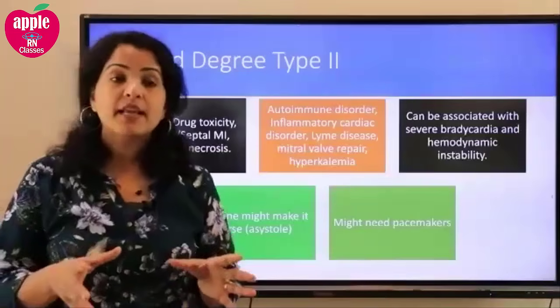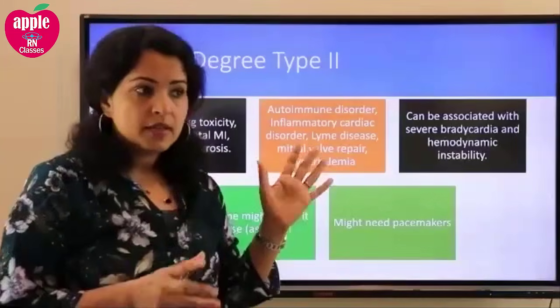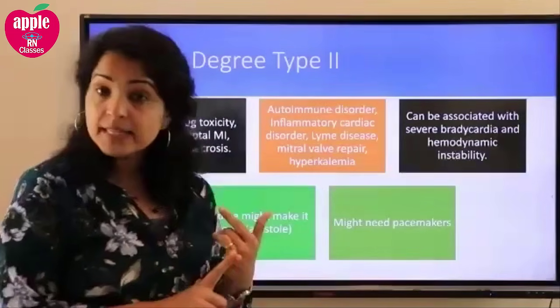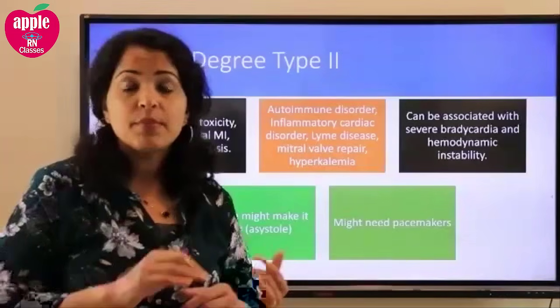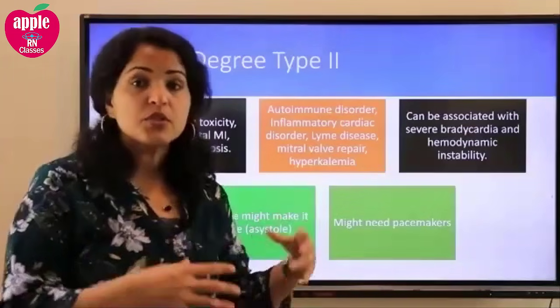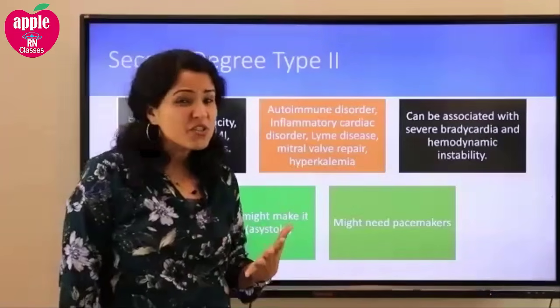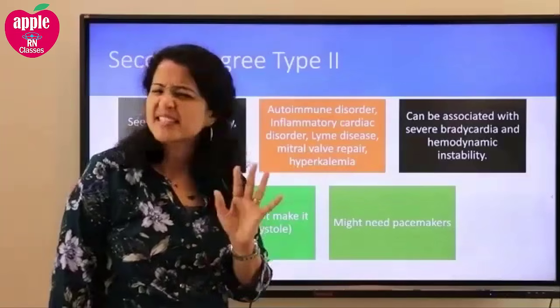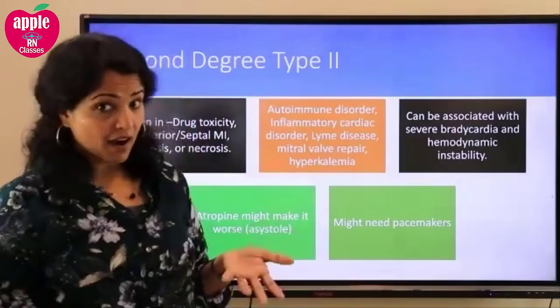Now, speaking of symptoms, remember first degree heart block and second degree heart block type 1 can be completely asymptomatic. But when it comes to second degree type 2, most of the time the patient will have some symptoms. And they may not recognize that as a heart problem.